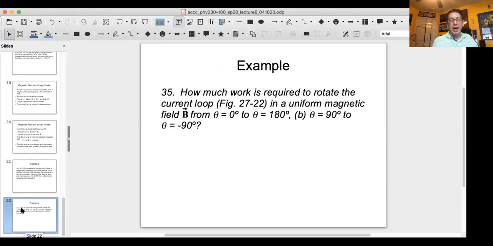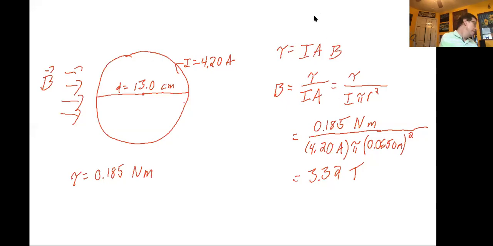So the figure is on a different page, but let's get back to the whiteboard. So the figure itself is on page 718. And so you have a horizontal magnetic field pointing to the right.